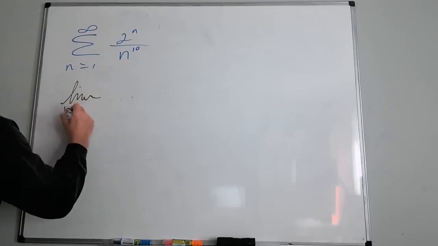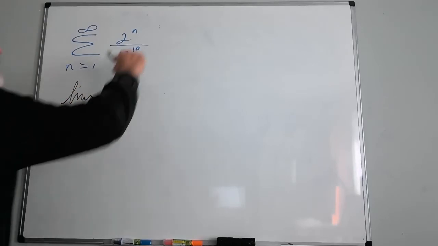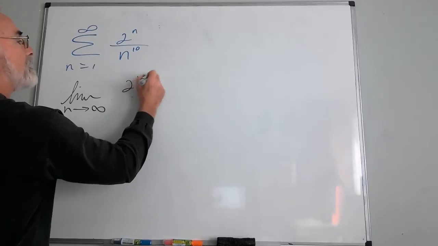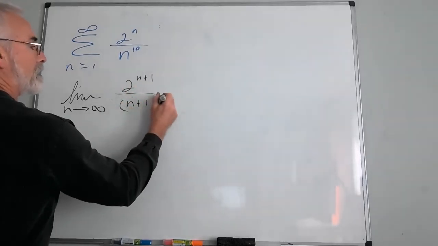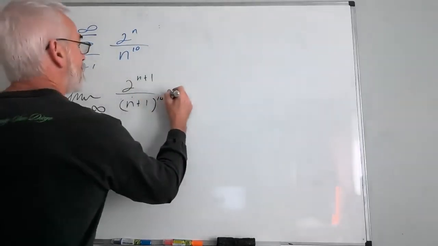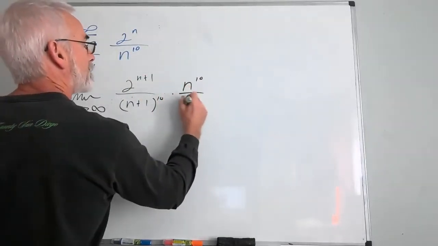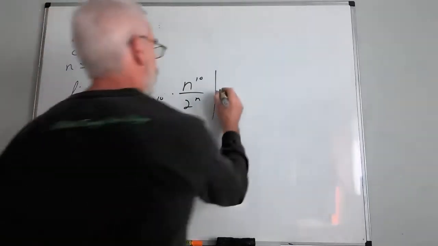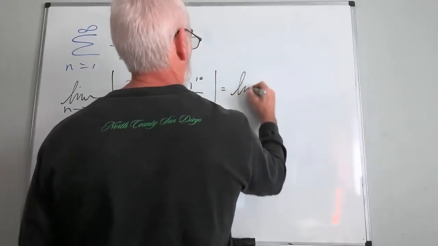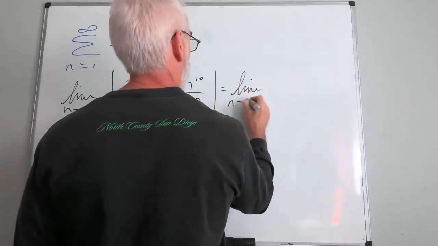So when I take the limit as n goes to infinity, the n plus first term over the nth term, so I'm going to multiply it by the reciprocal because I'm lazy. Well, a lot of 2's will cancel, and I'll get the limit as n goes to infinity.